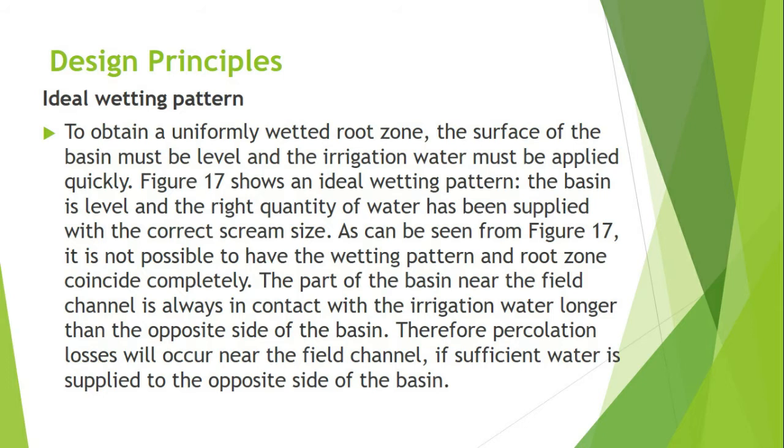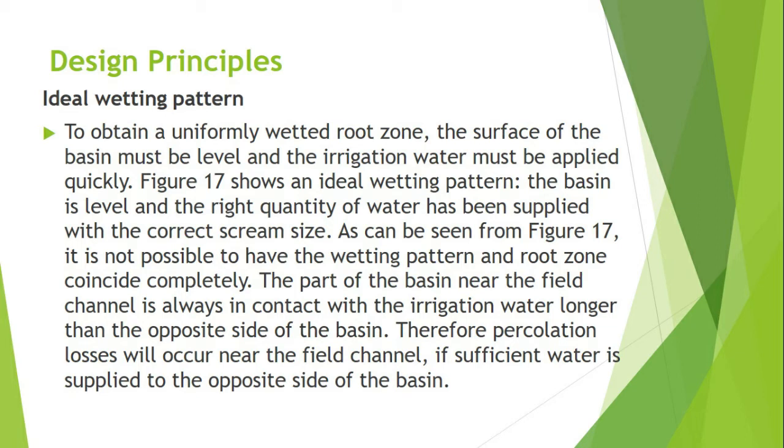Ideal wetting pattern. To obtain a uniformly wetted root zone, the surface of the basin must be leveled and the irrigation water must be applied quickly. Ideal wetting pattern: the basin is leveled and the right quantity of water has been supplied with the correct stream size.